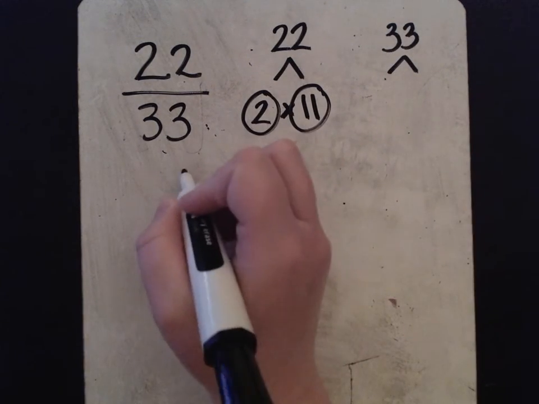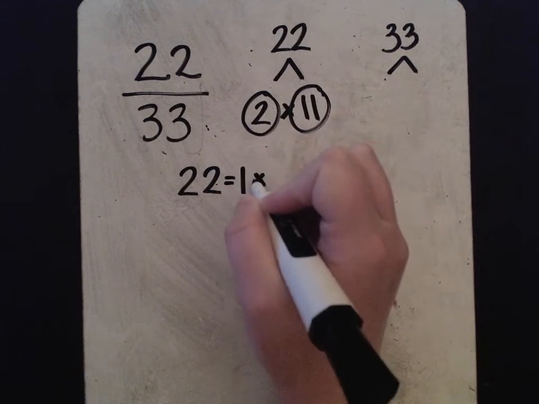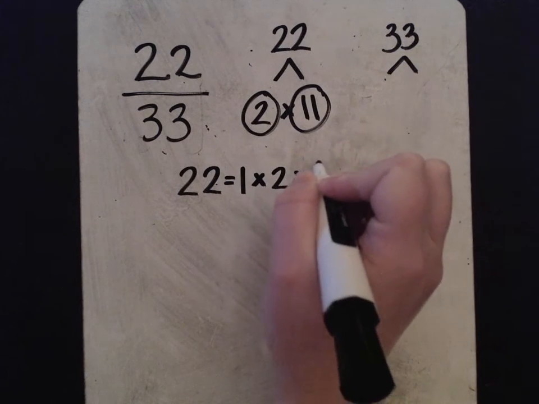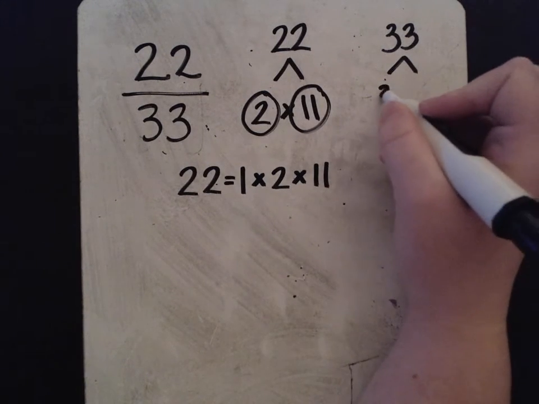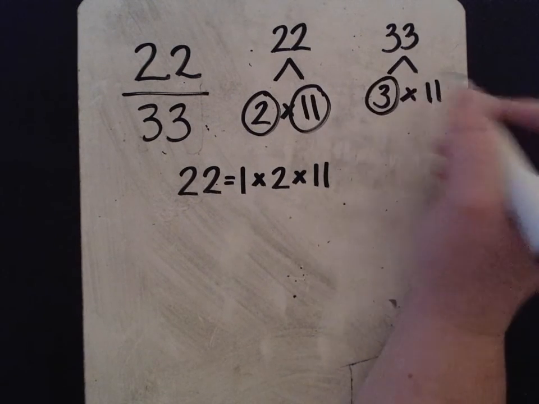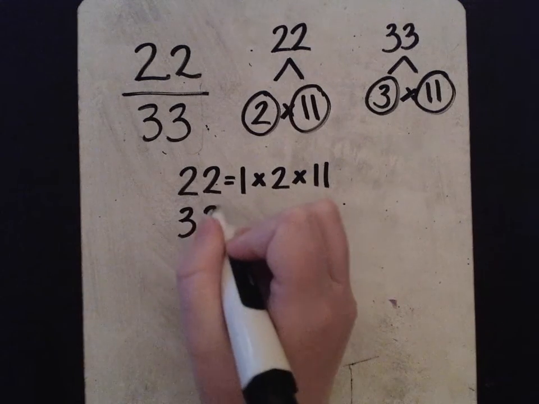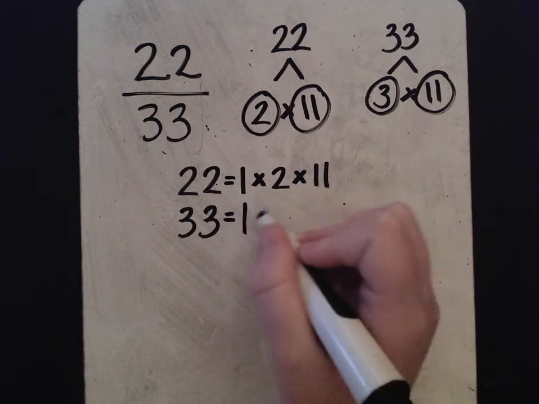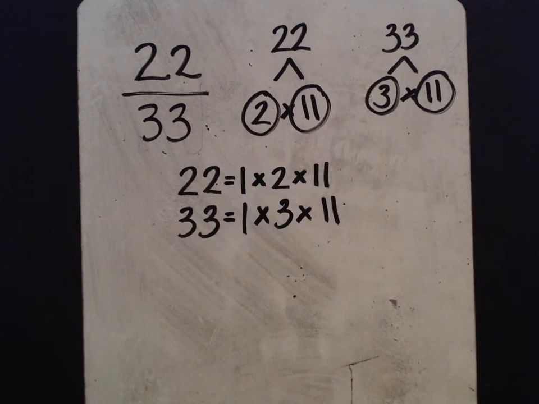So my list for 22 equals 1 times 2 times 11. And now I'm going to break down 33, which would give me 3 times 11. And again, I'm going to circle my 3 and circle my 11. So 33 equals 1 times 3 times 11.